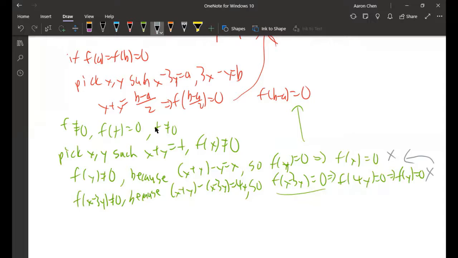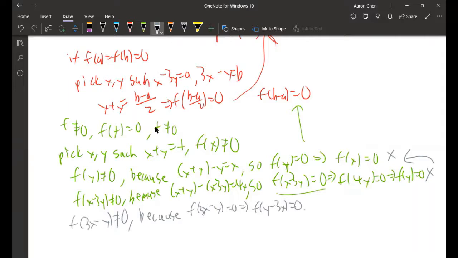And so the final case is when f of 3x minus y is not equal to 0. And similarly, we can once again use contradiction. The contradiction works because f of 3x minus y equals 0 implies that f of y minus 3x is equal to 0.